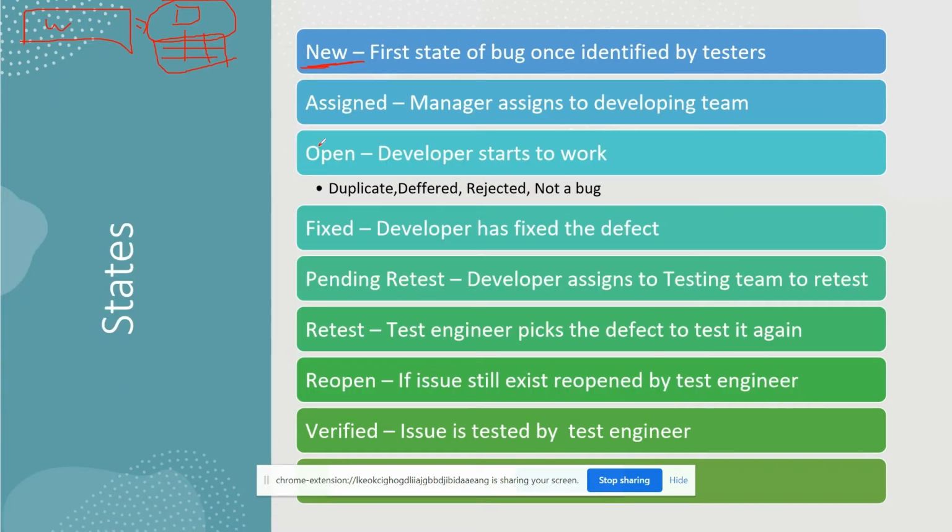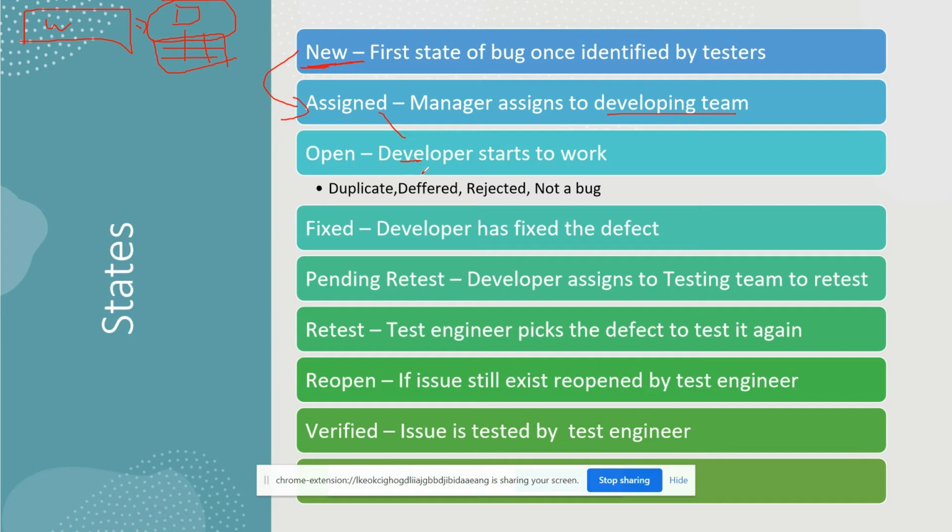Next, the development team manager will look into the bug, and he will update the status from new to assigned. After it is assigned, the developer will have a look into this bug again.